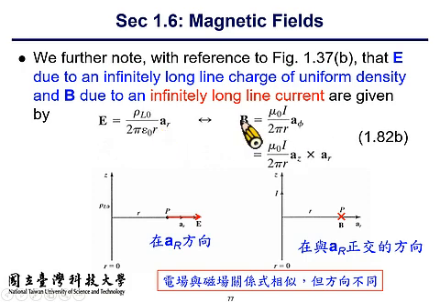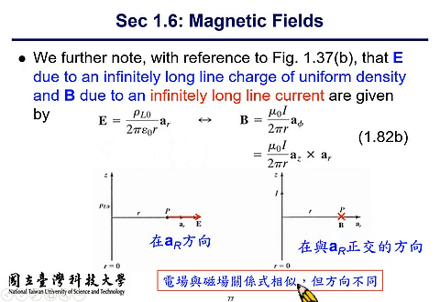And for the magnetic flux density, the magnitude is also inversely proportional to r, while the direction is pointing this way, which is perpendicular to the r direction.